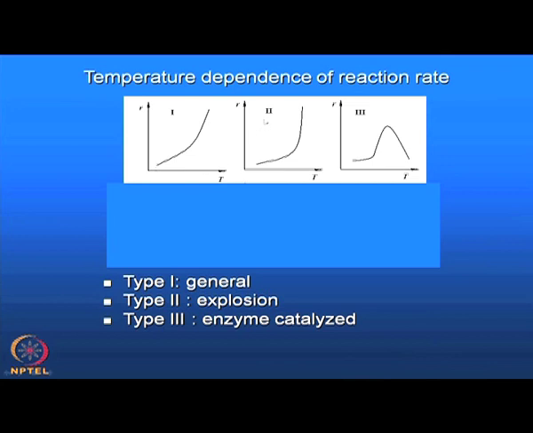In type 2, the rate does not increase very much, it increases slowly, but suddenly at a certain temperature the reaction rate increases to an enormous extent. This type of reaction is generally observed when an explosion happens. So it is an explosion kind of reaction.